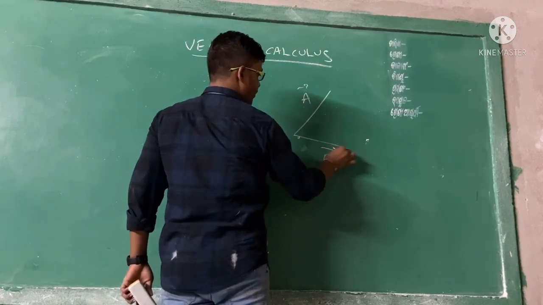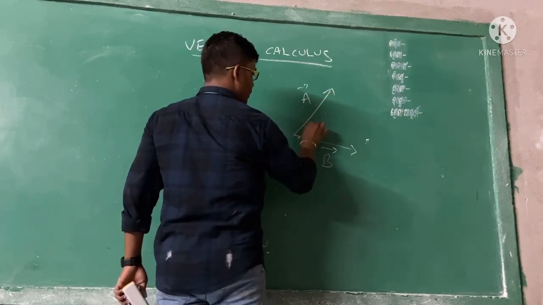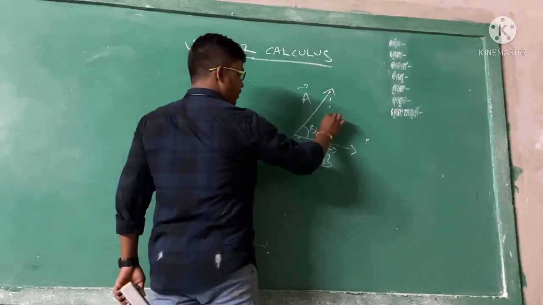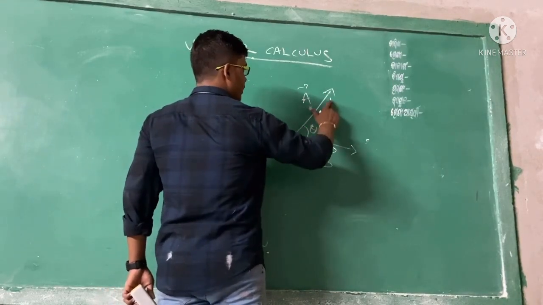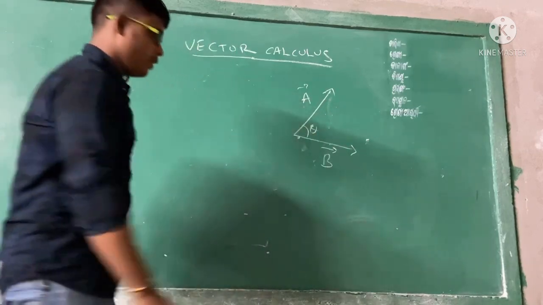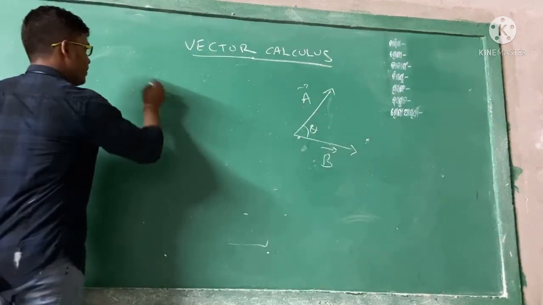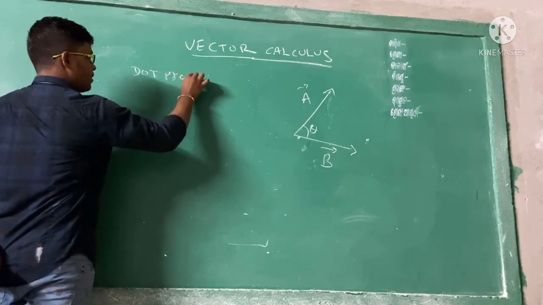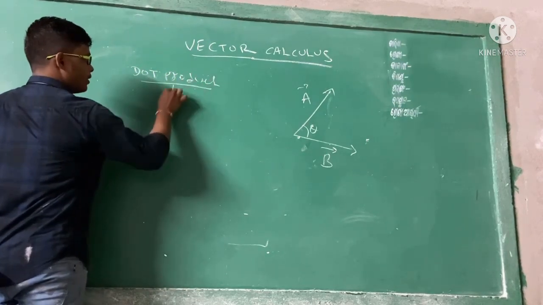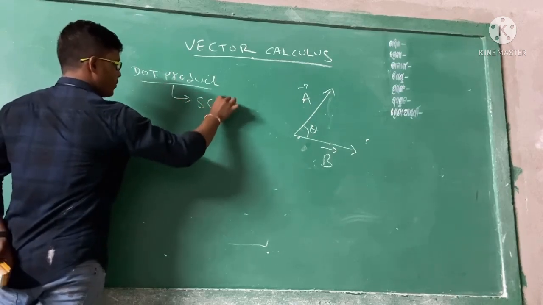So remember, dot product is a scalar quantity. Theta is the angle between a vector and b vector, and a vector is perpendicular acting on b, so this is the projection. So this is the dot product meaning actually. So dot product is a scalar product. Sometimes we also call it scalar product.